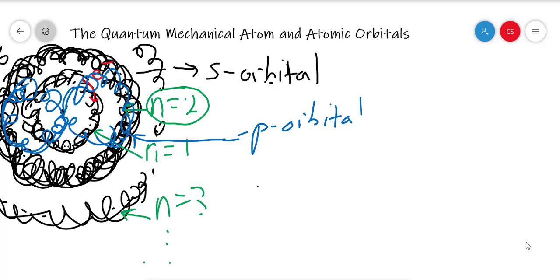And there's actually 3 of them. The p orbitals, there's 3 of them at every level, and they go in different directions. So this one that I drew in right here kind of goes horizontally. And that one also is the same shape, but it's oriented differently. So it goes down there and up here, and that's another p orbital.